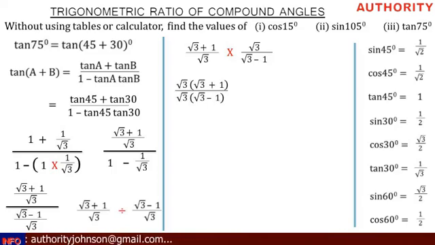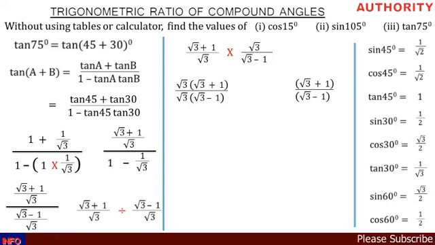So in this place we have root 3 in the numerator and then in the denominator, and they are outside. So we can simply cancel both of them out. Okay. So when we cancel both of them out, we are left with root 3 plus 1 all over root 3 minus 1. So from here, let's rationalize.